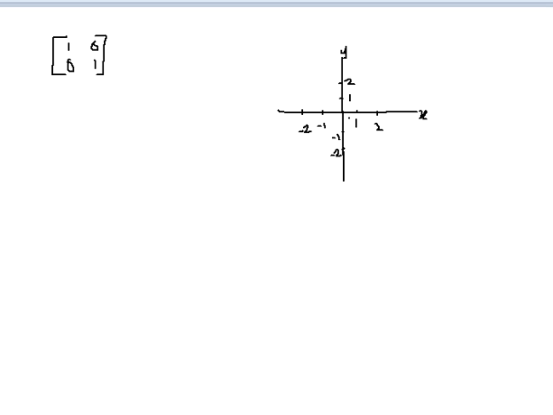Let's see this example. Now let's take the unit matrix, the identity matrix of 2 by 2 order. Now the first column is 1 0. This first column 1 0 is represented here. X is 1, y is 0. So 1 0 will be represented in this way. Now during rotation we'll be moving this point by 90 degrees.